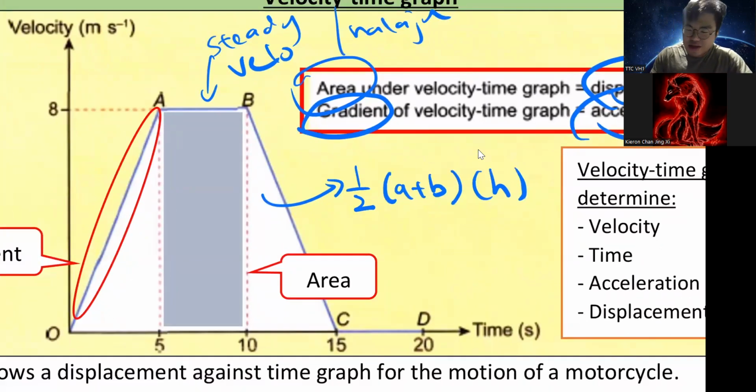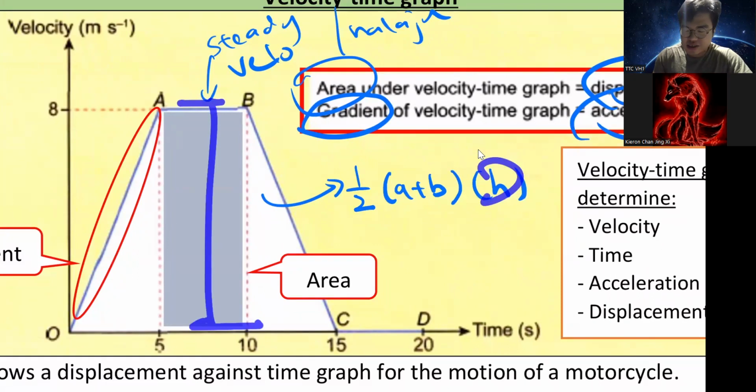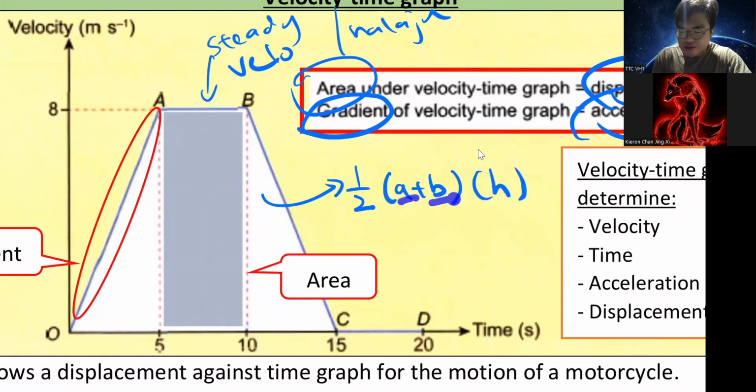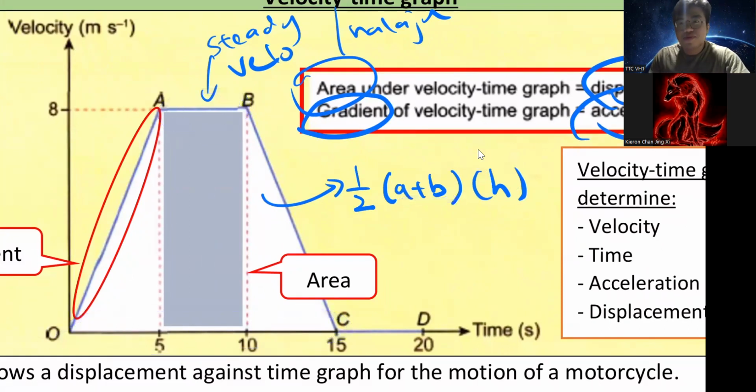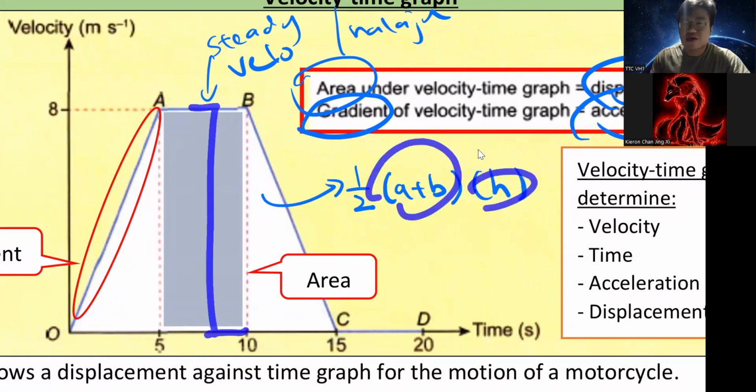Remember, height is this. A plus b is the upper line and the lower line added together. Height is the height.